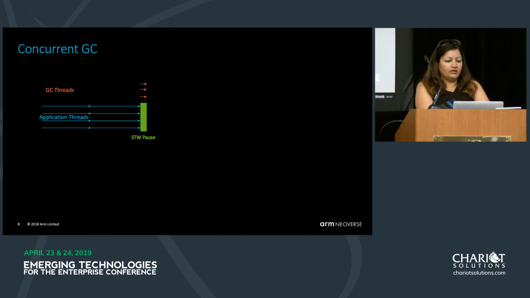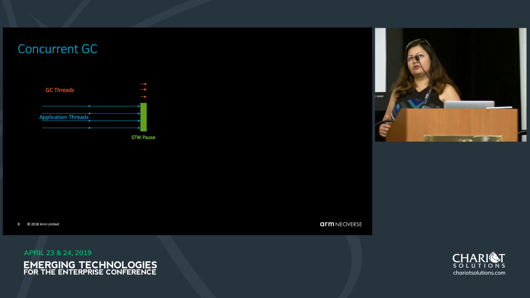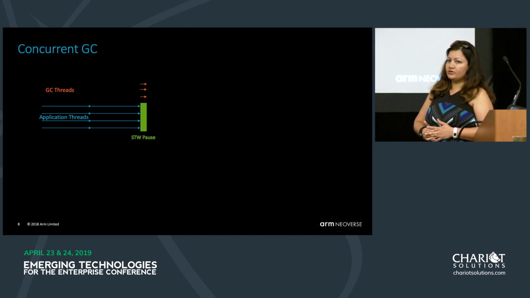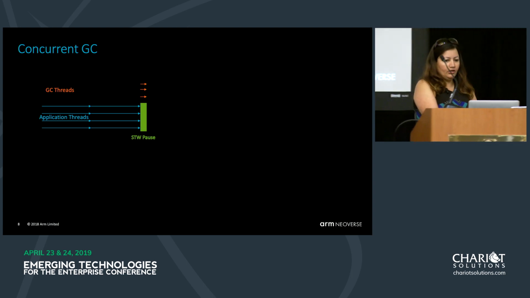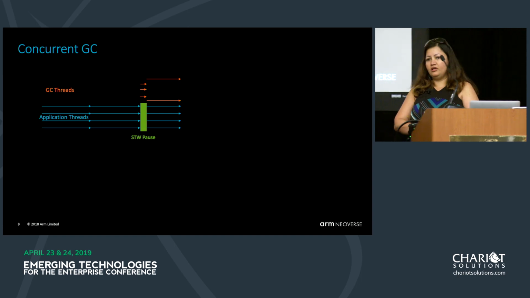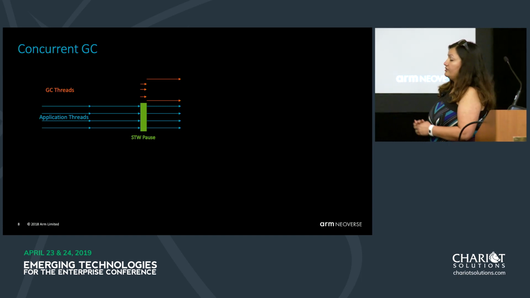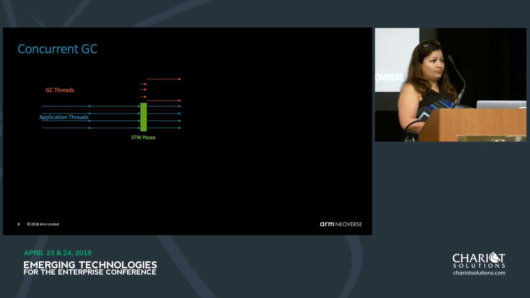So your GC threads at that time will do the initial mark. These threads are called parallel GC threads because they work in parallel with each other. And then the application resumes. At that time, you have two GC threads here, and they're called concurrent GC threads because they work along with your application.